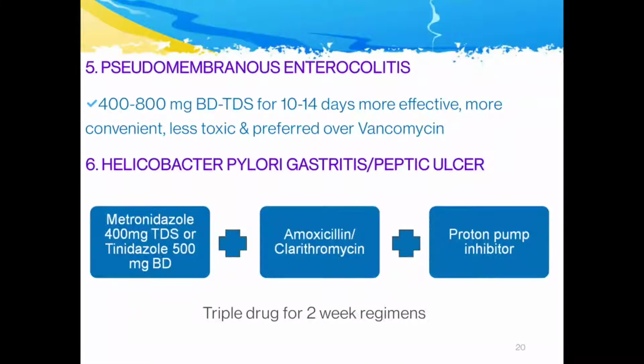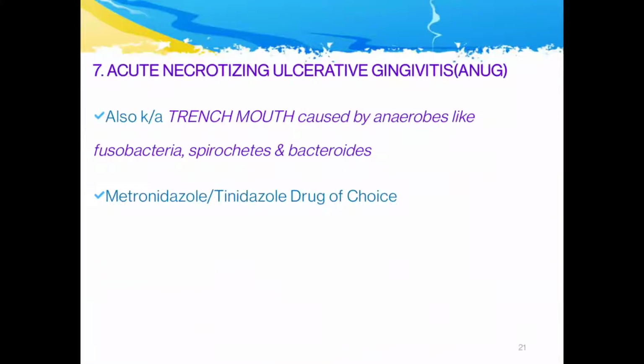Metronidazole 400 mg TDS or tinidazole 500 mg BD plus amoxicillin or clarithromycin, and in peptic ulcer a proton pump inhibitor. Triple drug for 2 weeks.